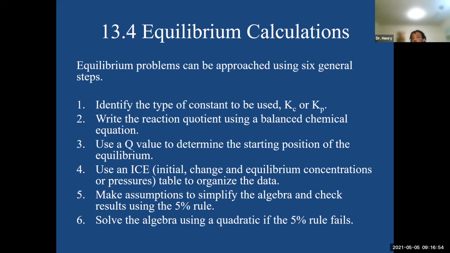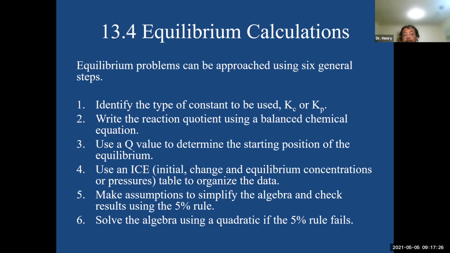You want to write out the equilibrium quotient using the balanced chemical equation. So you need a balanced chemical equation, and you need to be able to write out the quotient. You're going to use that Q value to determine your starting position. And then we're going to use what we call an ICE table. An ICE table is a table that gives us the initial, change, and equilibrium conditions. Then I'll show you how to go about that process.